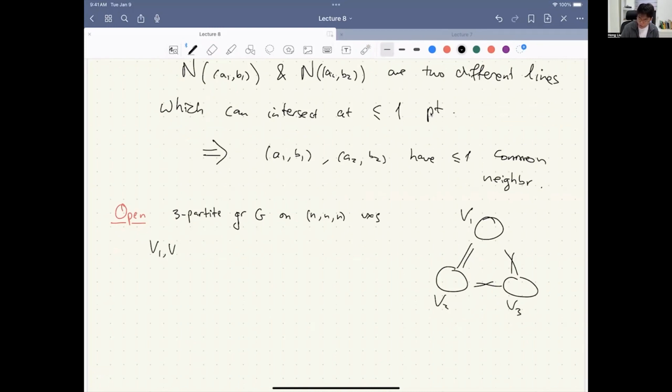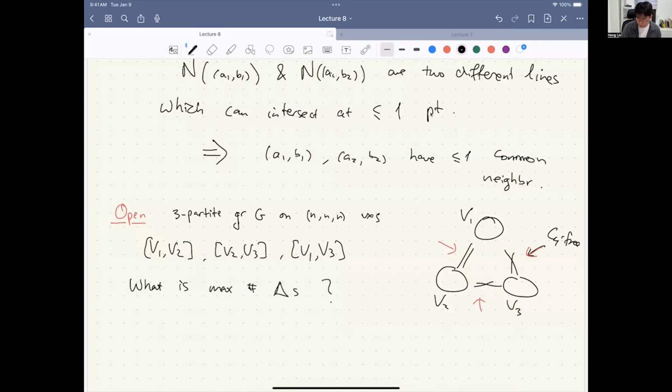If I tell you that each of these three pairs, V1-V2, V2-V3, V1-V3, is C4-free, what's the maximum number of triangles? How many triangles can such a graph have?